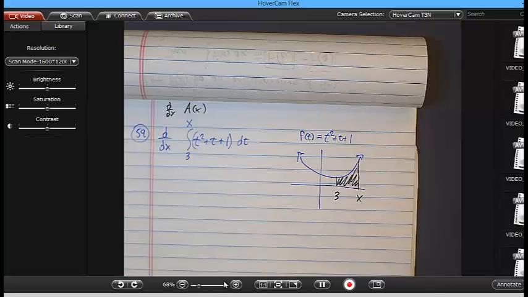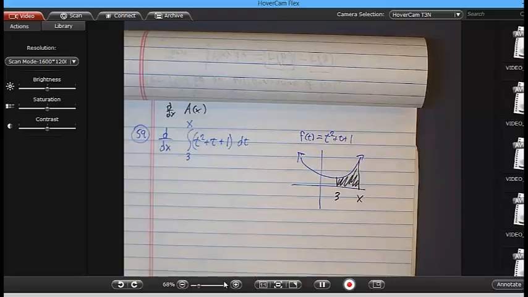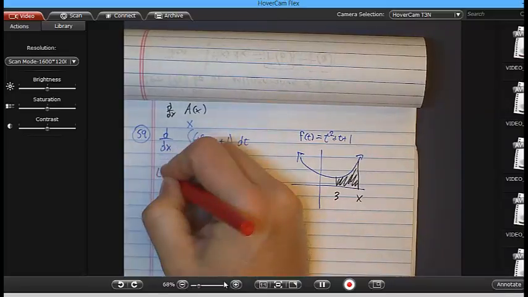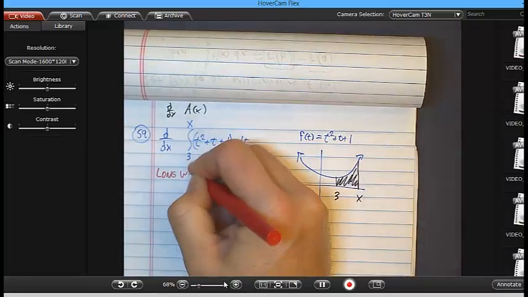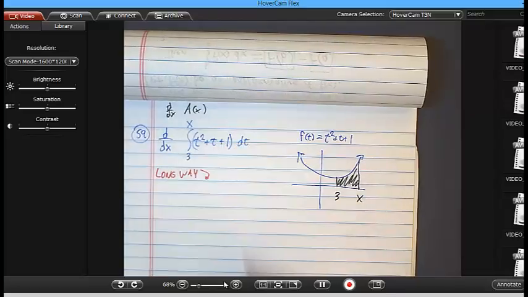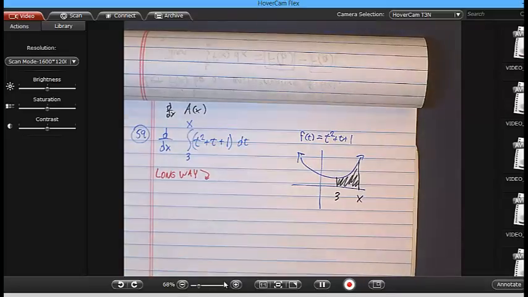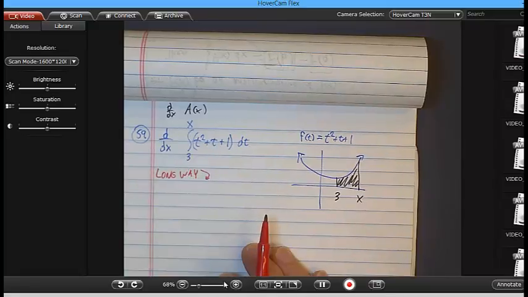Well, the long way to do this problem, let me do it the long way. The long way to do this problem is the following. Take an antiderivative, right? Because we know that that bar means take an antiderivative. I showed you guys this last time. So what would the antiderivative be?